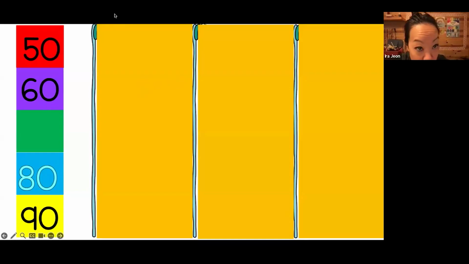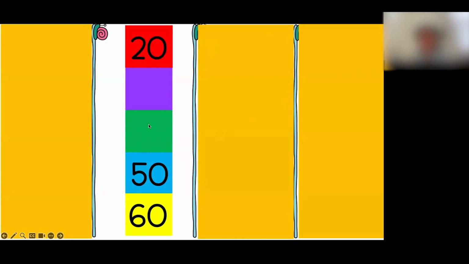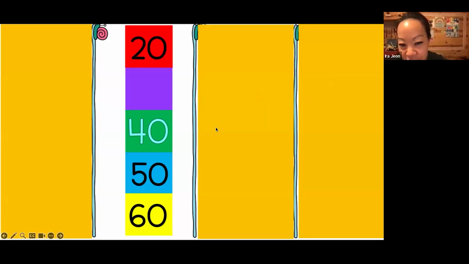Okay, then if you're not sure, you can count on and count back, just like we do. What number is going in the green box right there? Ishika, do you know what number is going there? So if 20 is there, you can go 20, 30, 40. 40. Yes. Ta-da.